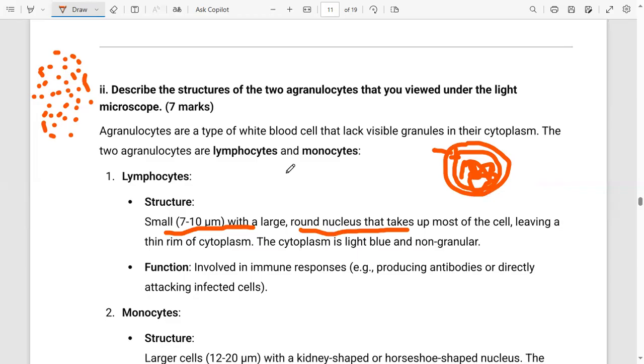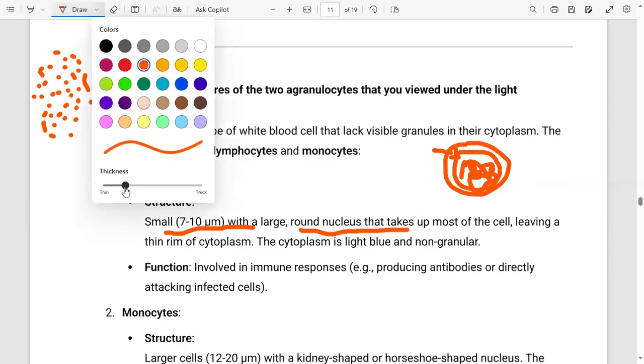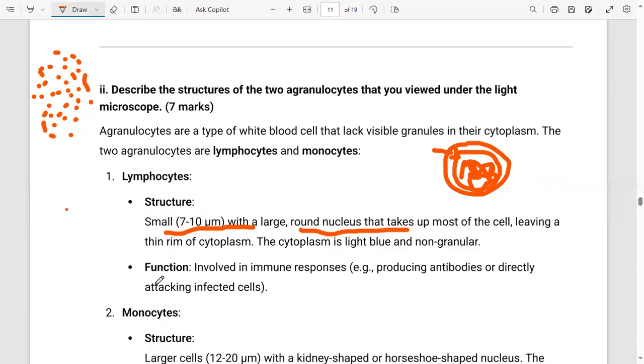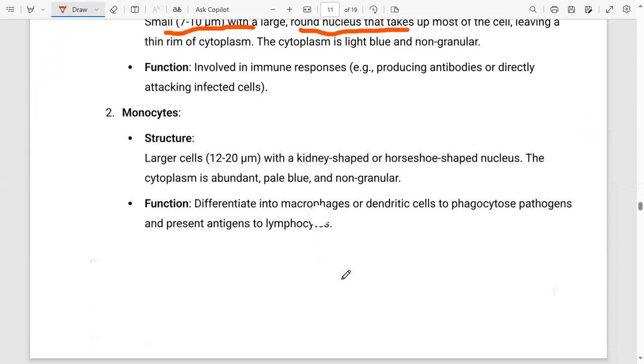That is about the lymphocytes. If they ask you about function, you say it is involved in immune responses such as producing antibodies or directly attacking the affected cells.